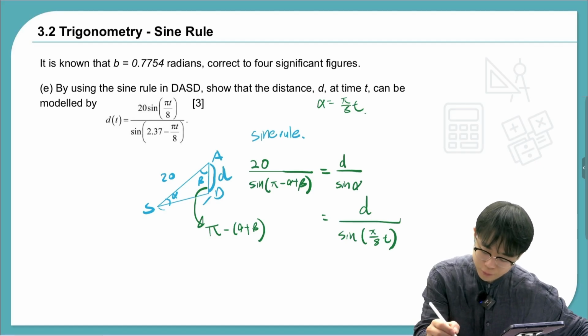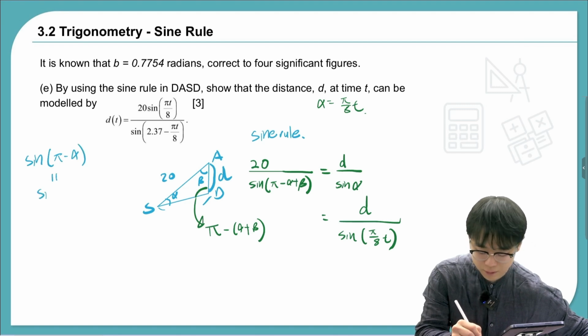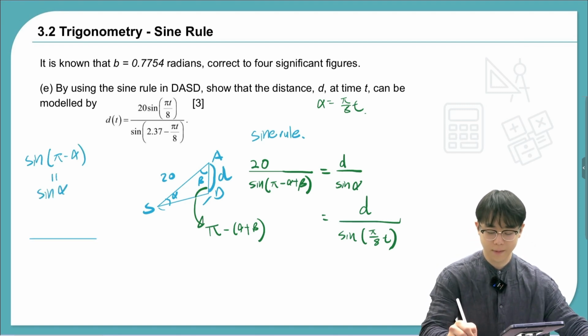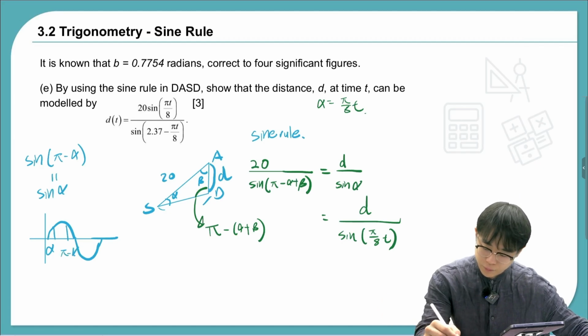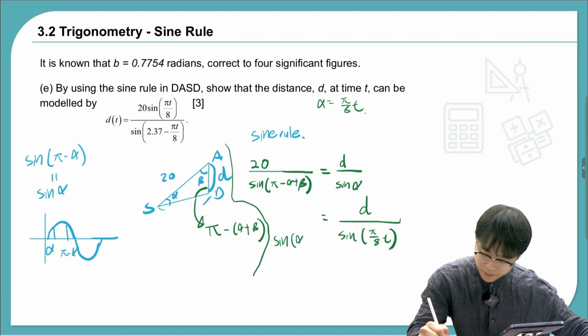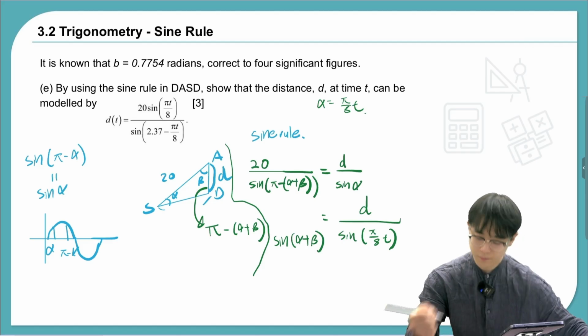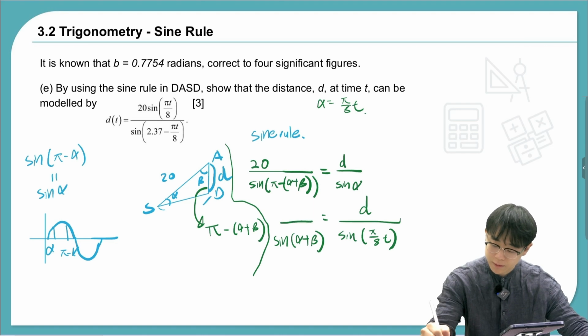We know that for sine, if you have sine of pi minus alpha, that's just equal to sine alpha. If you draw the sine graph, you see that the sine values are the same, whether we have alpha or pi minus alpha. So we could just rewrite this as sine of alpha plus beta, because we'd have a bracket here. And then we would still have the 20 here.